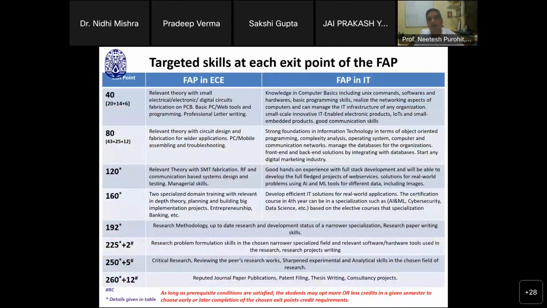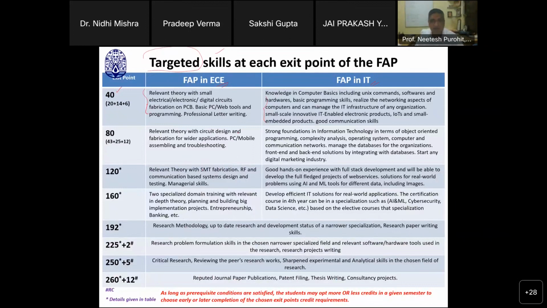This is what I was talking about, that we have some targeted skills. Under the EC or IT stream, when a person earns 40 credits and opts for this, what should be taught, and what are the targeted skills? That is something we need to establish first, and then we need to design the syllabus.